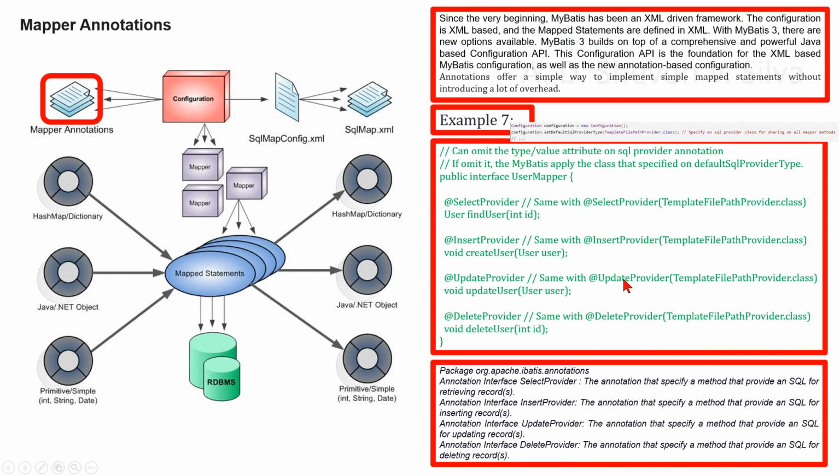This example shows how to share an SQL provider class with all mapper methods using the global configuration available since 3.5.6. Here they specify an SQL provider class for sharing on all mapper methods. You can omit the type attribute on SQL provider annotations. If omitted, MyBatis will apply the class that is specified as the default SQL provider type.